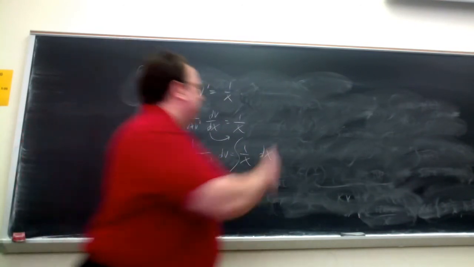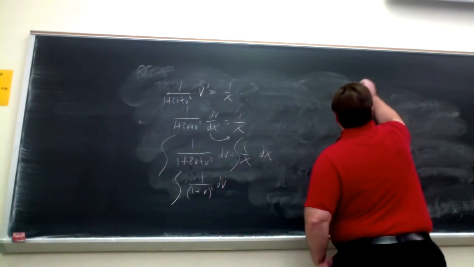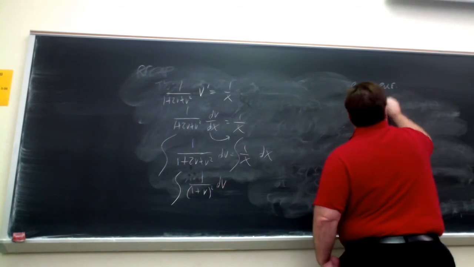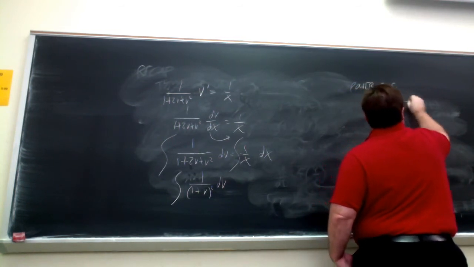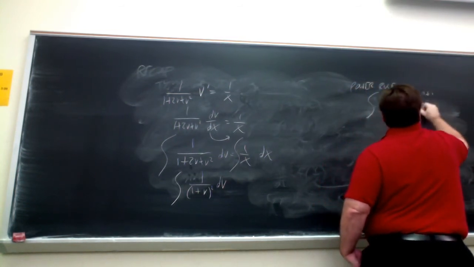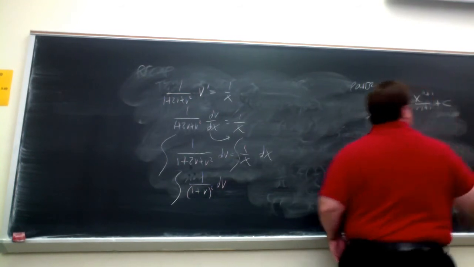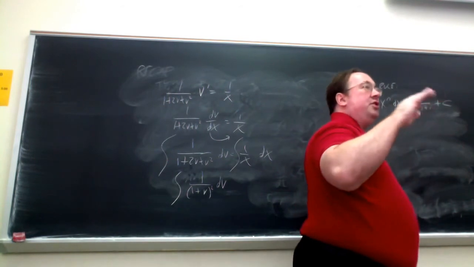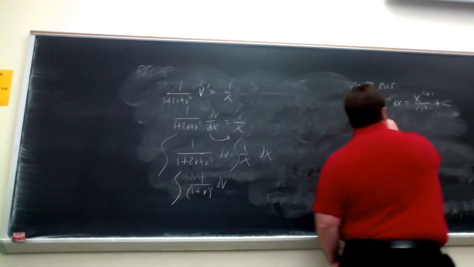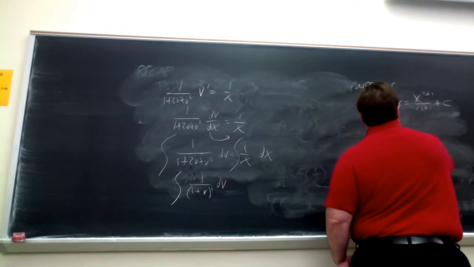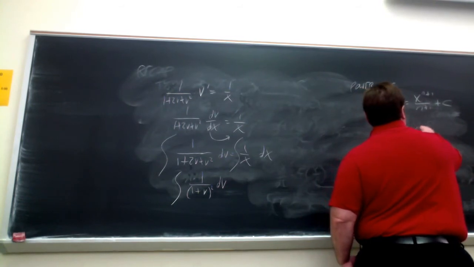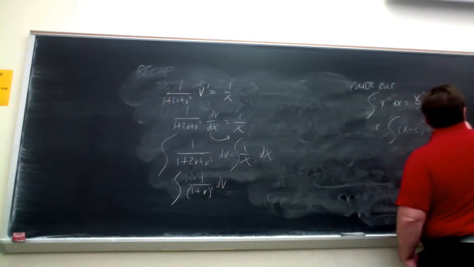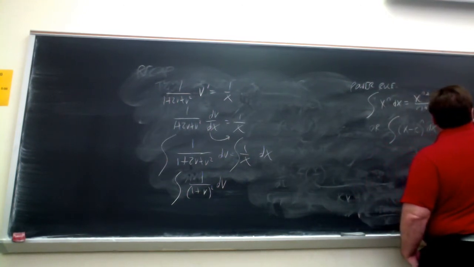Now, I should mention, of course, you're all familiar with the power rule. Integral of x to the n is x to the n plus 1 over n plus 1 plus c. But you can get a little more general with it. Suppose you have some constant in here, x minus c, all raised to the n power. Then this applies.